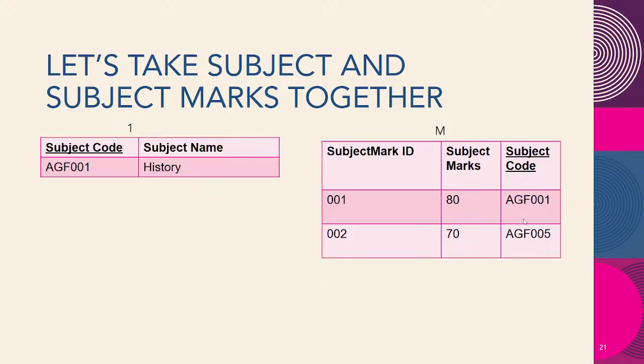But if we consider one subject code, AGF, it appears only once here. AGF001 means history.